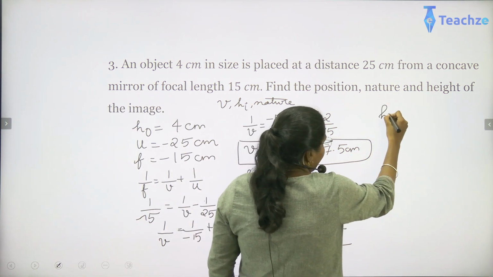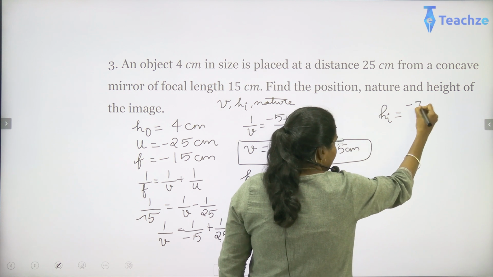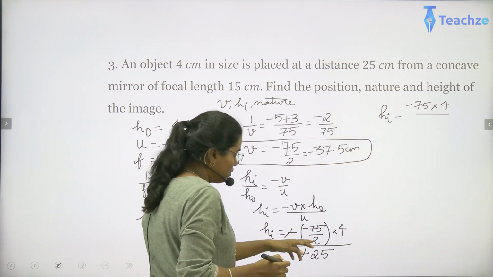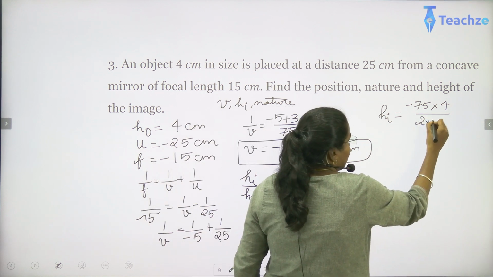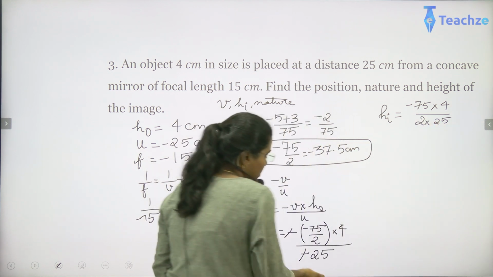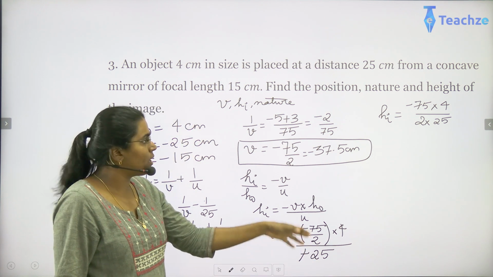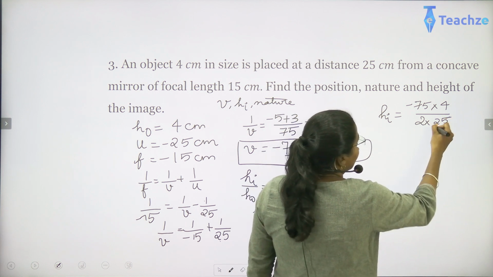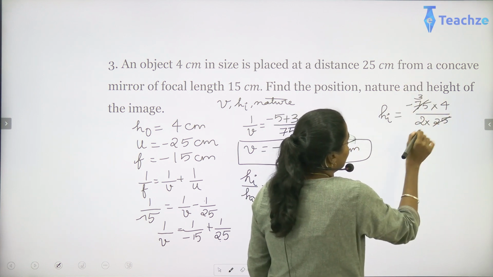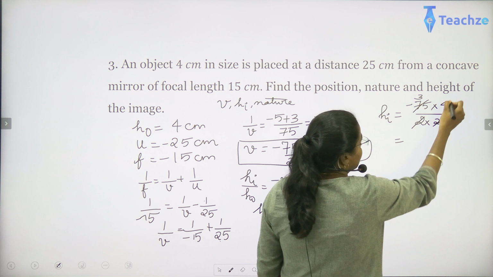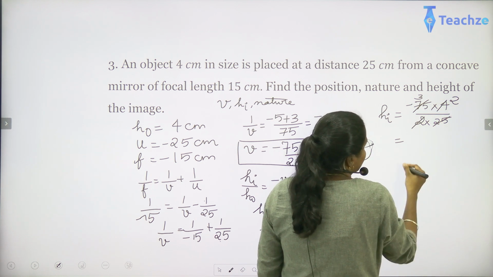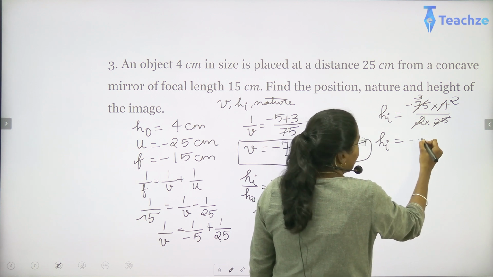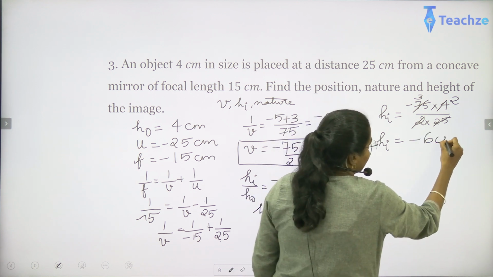My HI will be 75 into 4 divided by 2 into 25, the reciprocal of 25 being 1 by 25, so I have written it as 2 into 25 in the denominator. So 25 threes are 75, done. And 2 ones are 2, 2 twos are 4, that is also done. So my image height will be minus 6 centimeter.